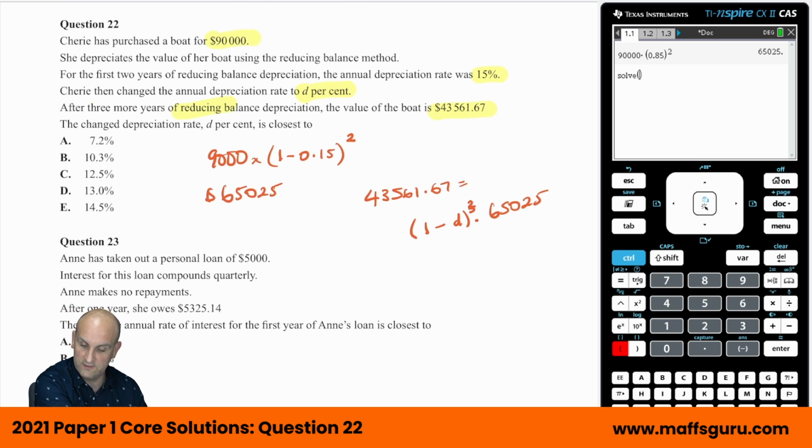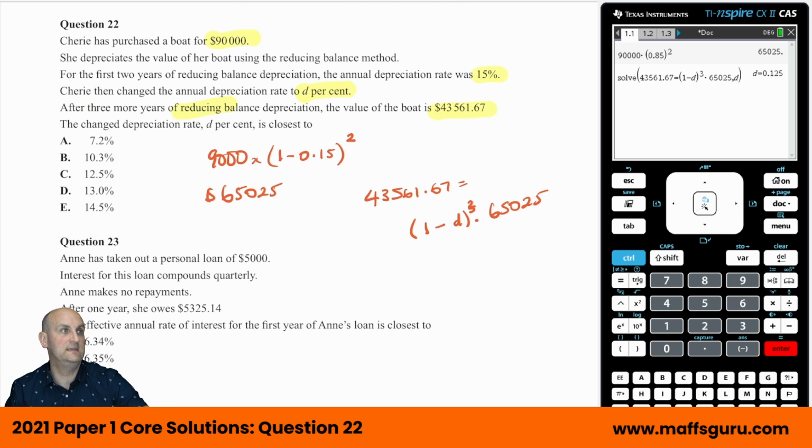I'm not going to use the value of D. I'm going to do 43561.67 is equal to, in brackets, 1 minus, I'm going to use D actually, power of 3. And I'm going to times that by 65025, comma, D, hit enter, and out comes D of 0.125.